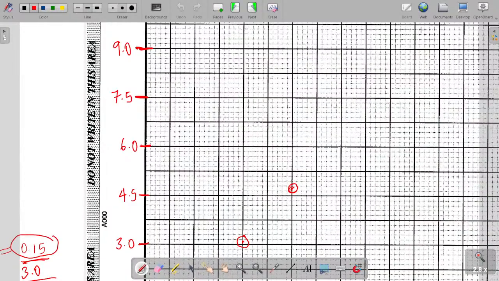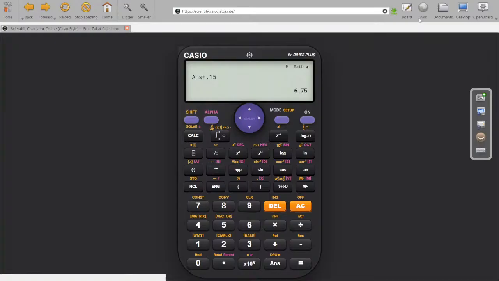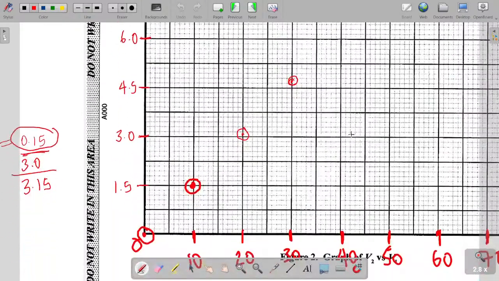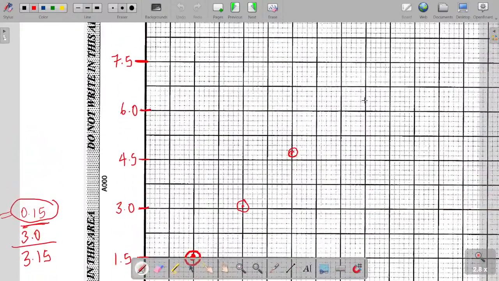So the fourth block will give us 6.6, and in between our third and fourth block, we should have our 6.7.